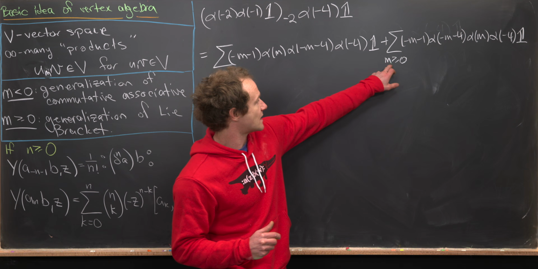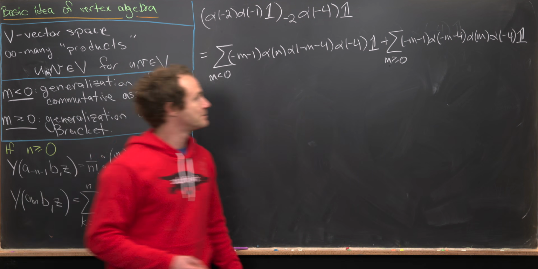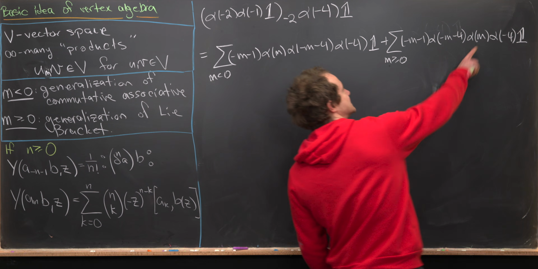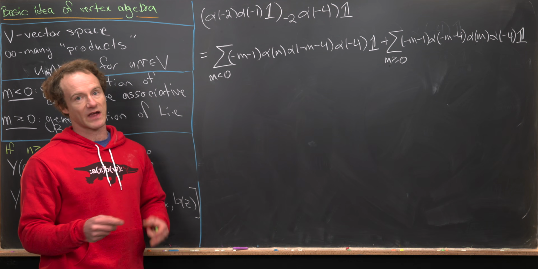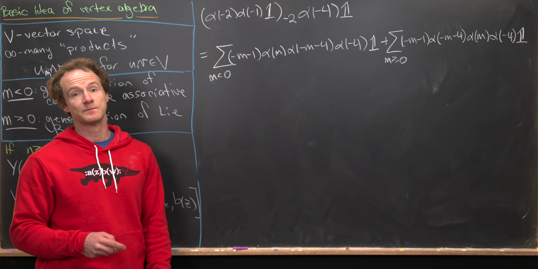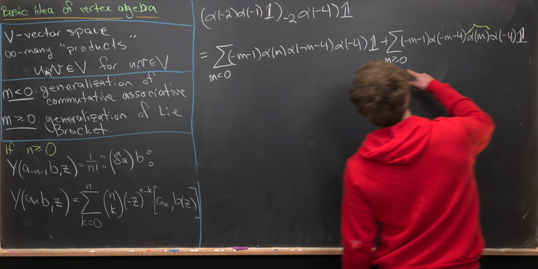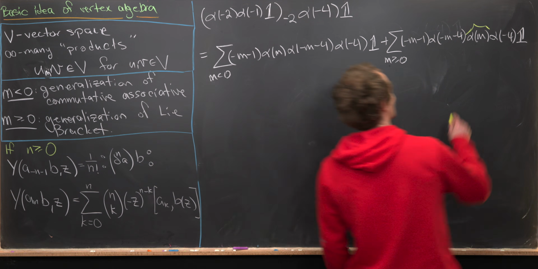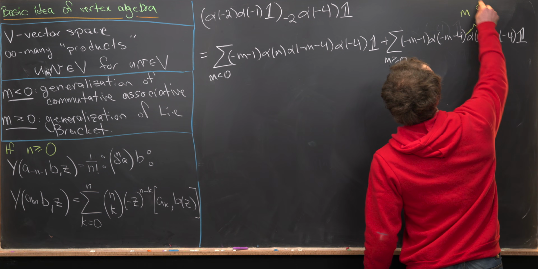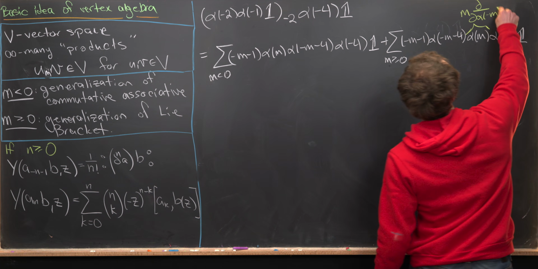So notice here we're summing over all non-negative values of m. So that means here we've got alpha 0, alpha 1, alpha 2, alpha 3, alpha 4, alpha 5, and so on and so forth. But notice that this alpha m, since we're summing over all of the non-negative values, actually acts like m and then the partial derivative of alpha minus m.